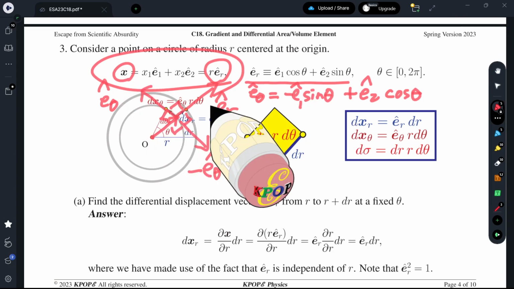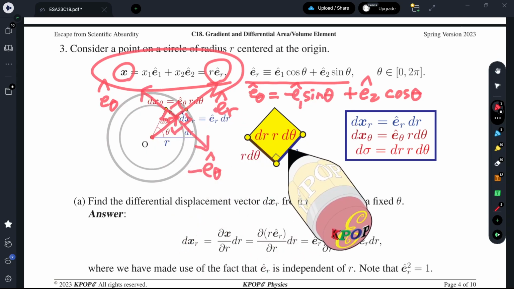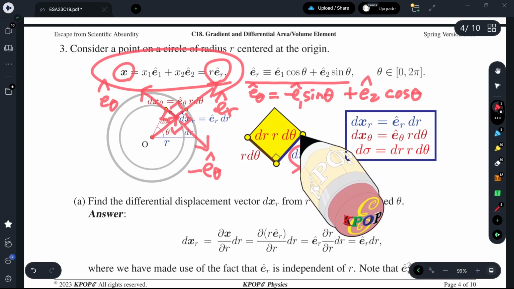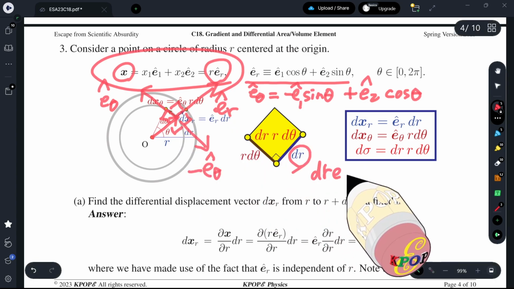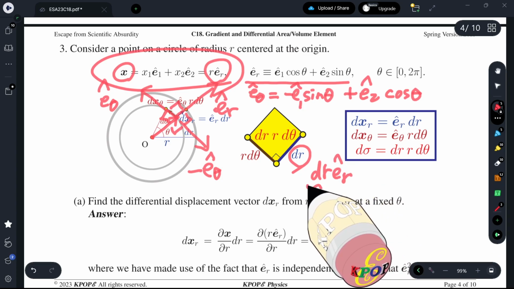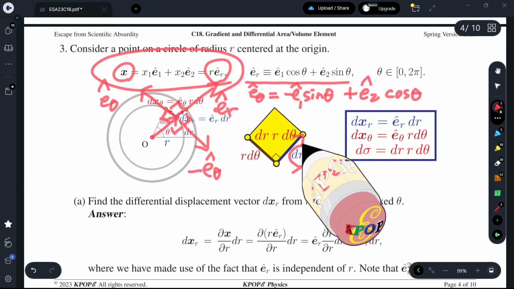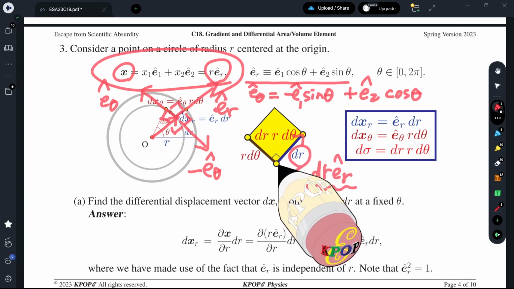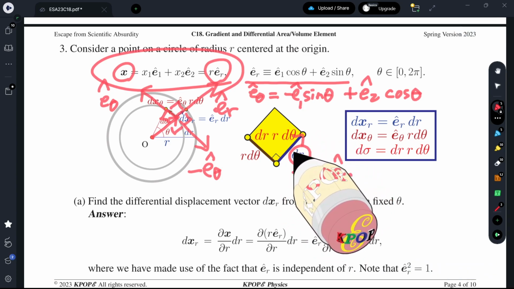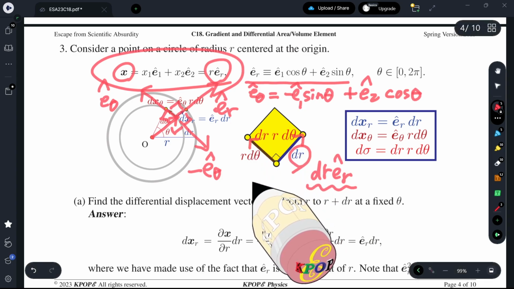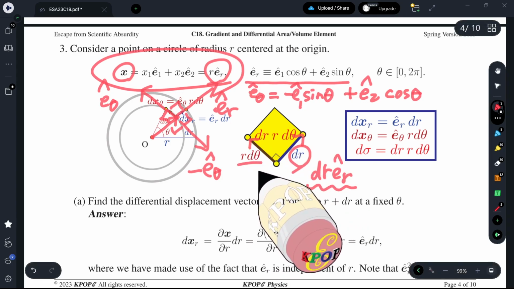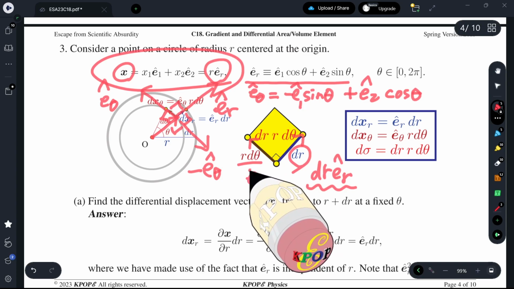If I vary r only, then the variation gives dr e r hat, the infinitesimal radial displacement. And the infinitesimal tangential displacement is multiplied by e theta.